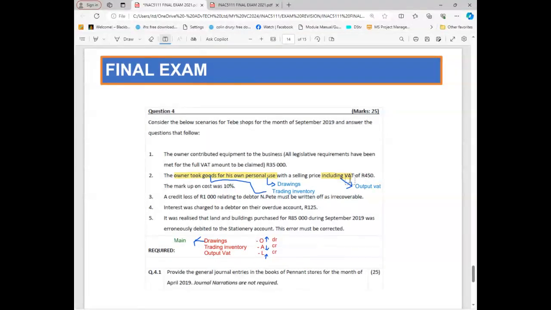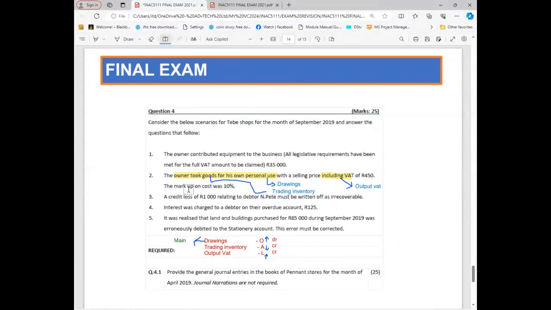The amount that we're talking about here is 450, which is including VAT. And the markup is 10% on cost. Because the drawings of stock must always be at cost, and they give you the selling price, you need to find the cost.